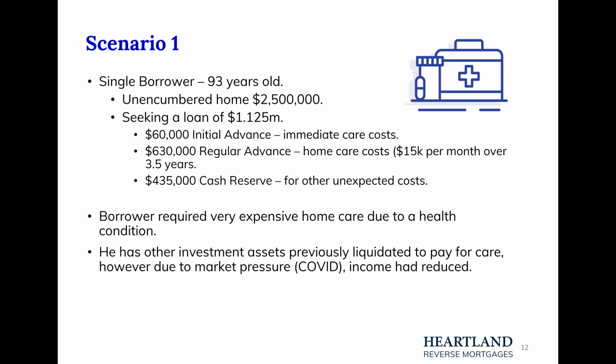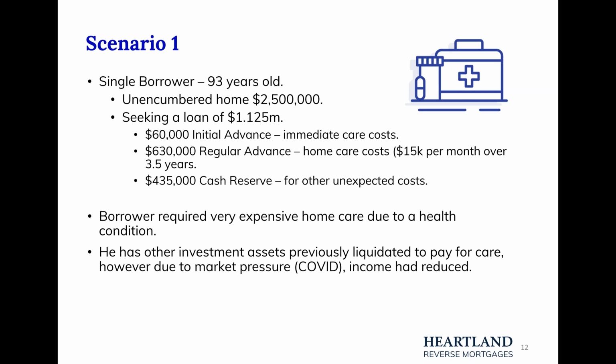So he's setting up a regular advance for home care costs of $15,000 per month over a period of 3.5 years, and also a cash reserve of $435,000 for any unexpected costs. Also, of course, the $60,000 initial advance for immediate care costs. So here, like I said, he has a health condition which requires expensive home care.